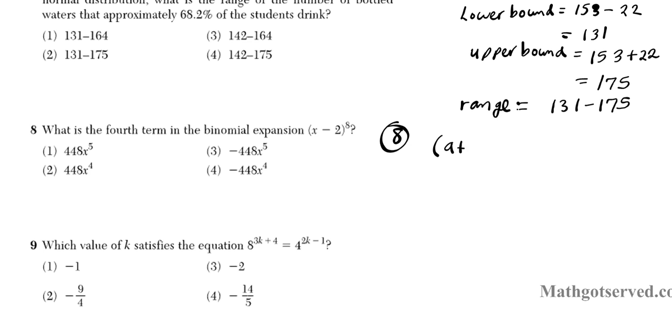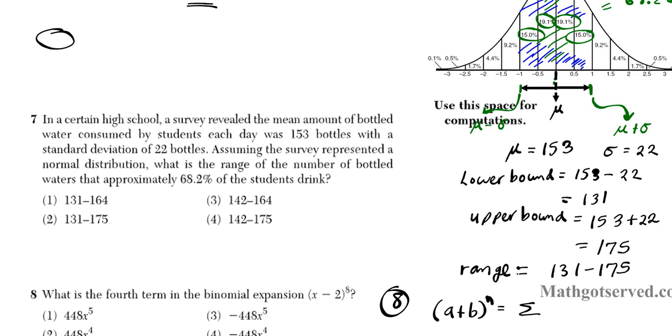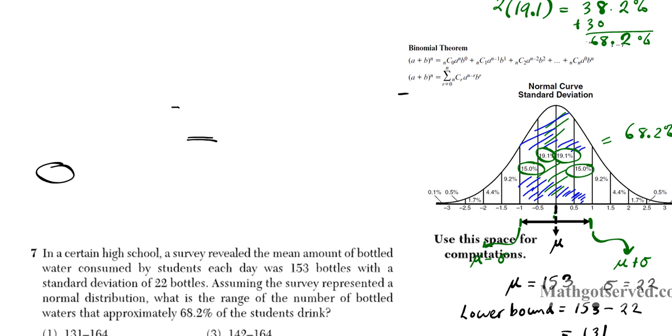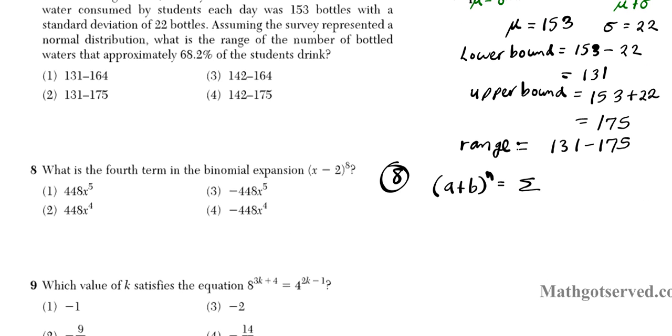(a + b)^n is given by the sum from r equals 0 to n of n choose r, a to the n minus r, b to the r.